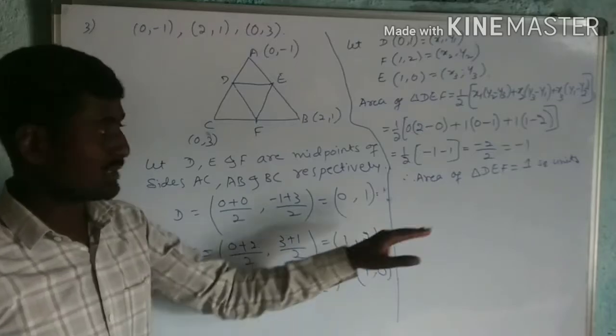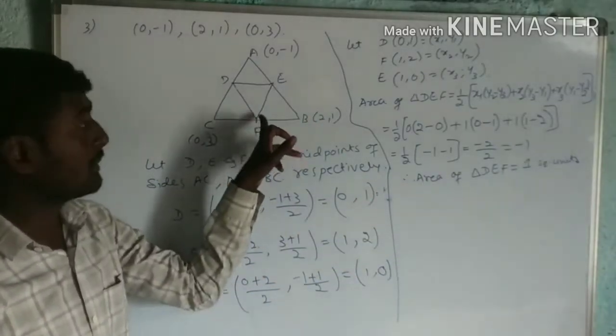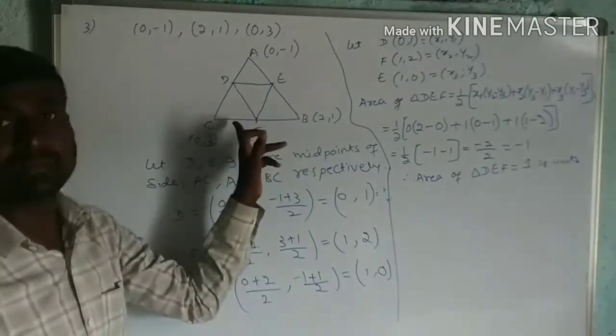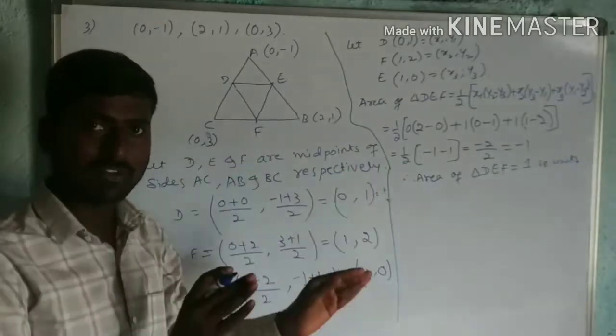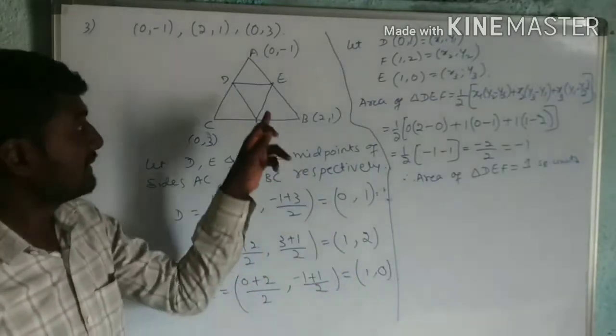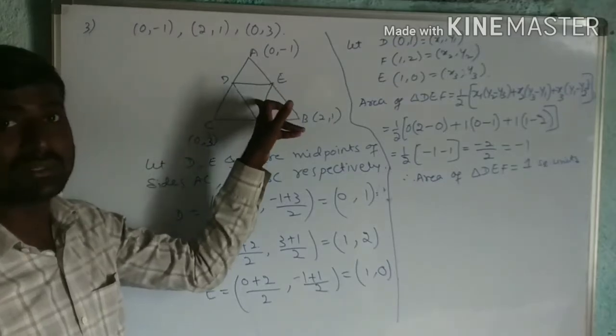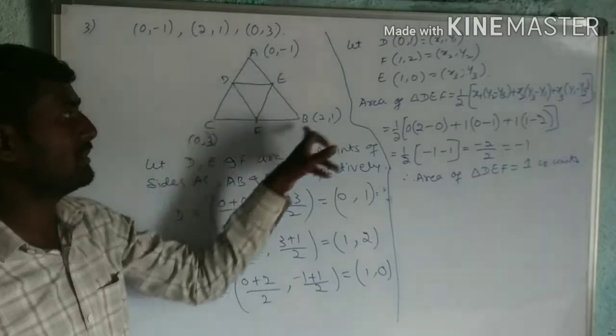First part is done. They ask you to find the area of the triangle formed by the midpoints of the sides of the triangle ABC. So this is done. Next part, they said find the ratio of the area of this triangle, this means DEF, to the area of the given triangle. Given triangle means ABC.